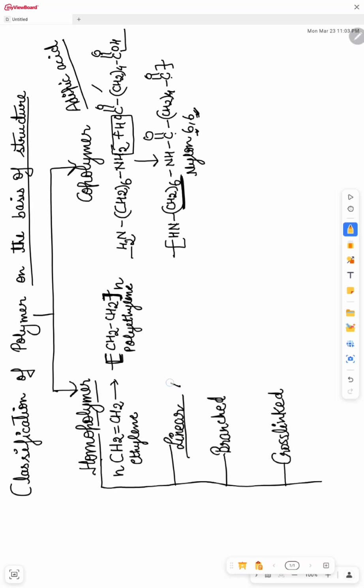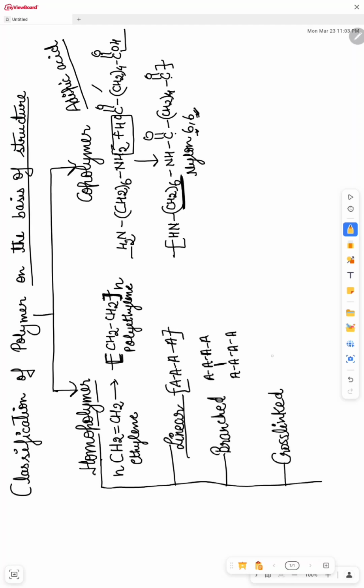If same monomers are joined together, see, example you can write like this. What is branched? If two linear chains are joined together and this is also connected, this is the branched polymer.